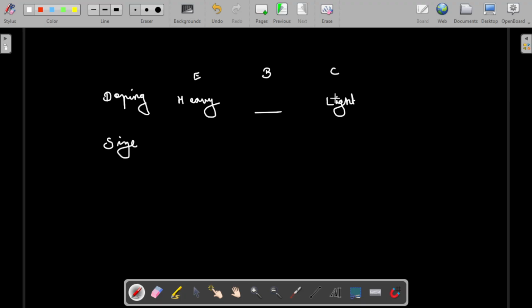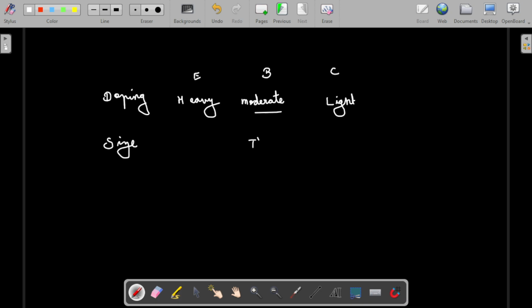The question asked in 2022 was: compared to the emitter, the concentration at the base will be low, that we know, but compared to the collector, what will be the concentration at the base? They gave options: light, heavy, and moderate. The order is heavy, moderate and light. Plenty of students were not able to find this out.